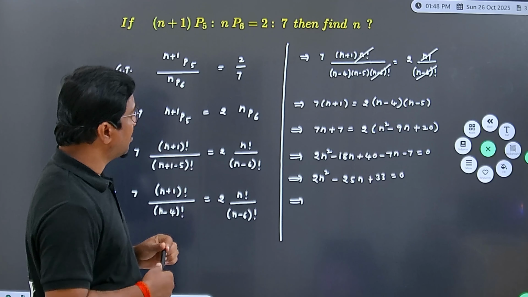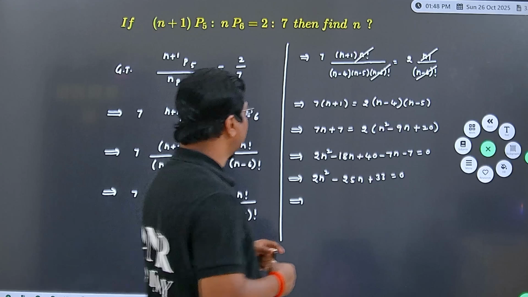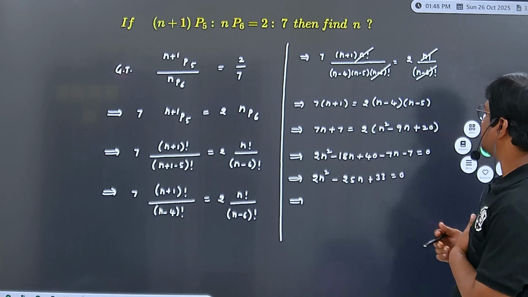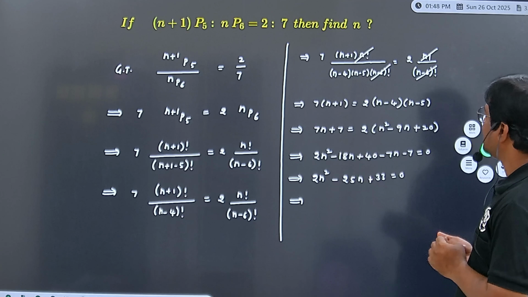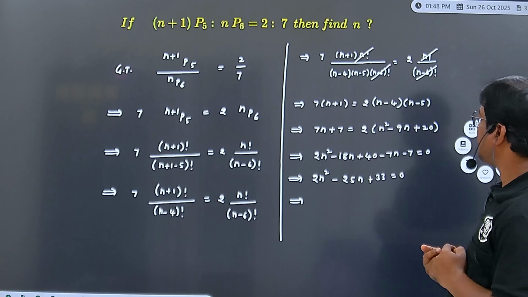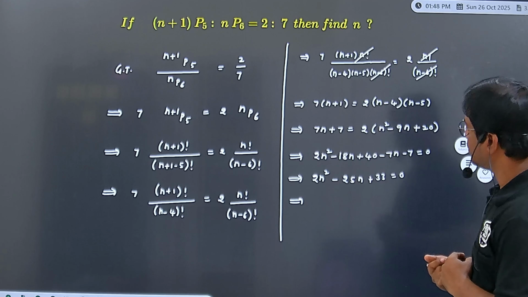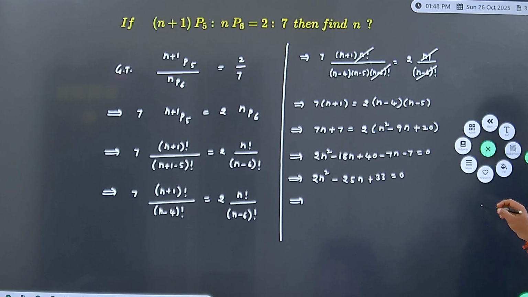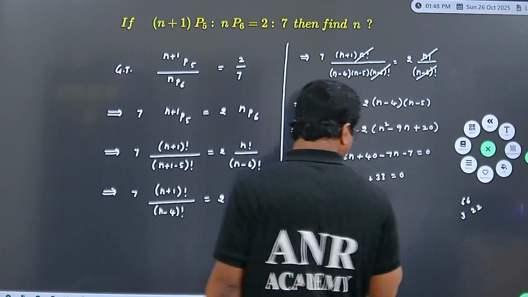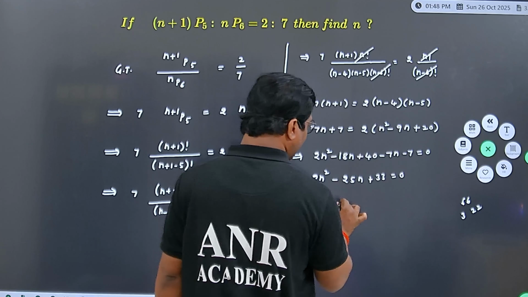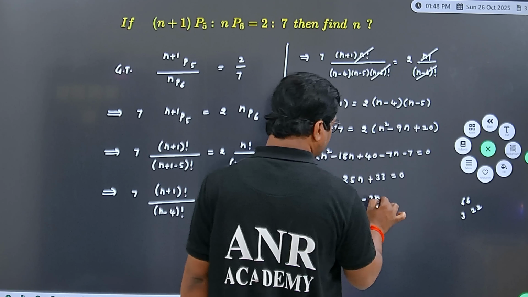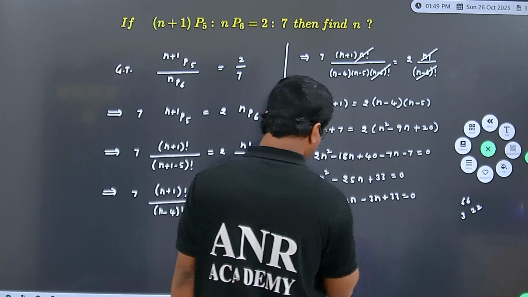Let me cross check whether it is second degree correct or not. 7 plus 7, yes, 2 times of n square, yes, it is okay. 40 minus 7 minus 7n. Three into 22 is 66. So that here you can write 2n square minus 22n minus 3n plus 33 equal to 0.